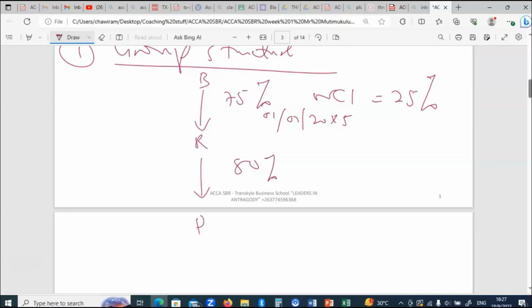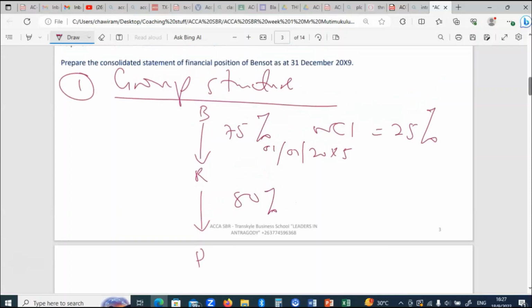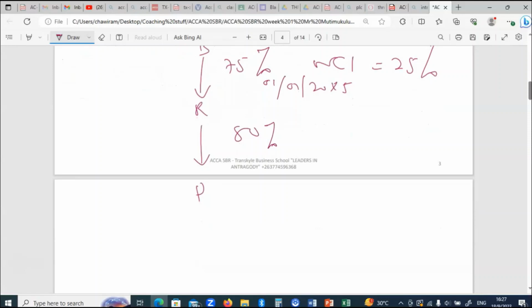Okay, so if it was 80%, we then have to say, this is a vertical relationship. It's a vertical group. So don't make a mistake and think that the NCI there is 20%. No, it's not like that. You then have to determine what is called the effective control, or effective interest.